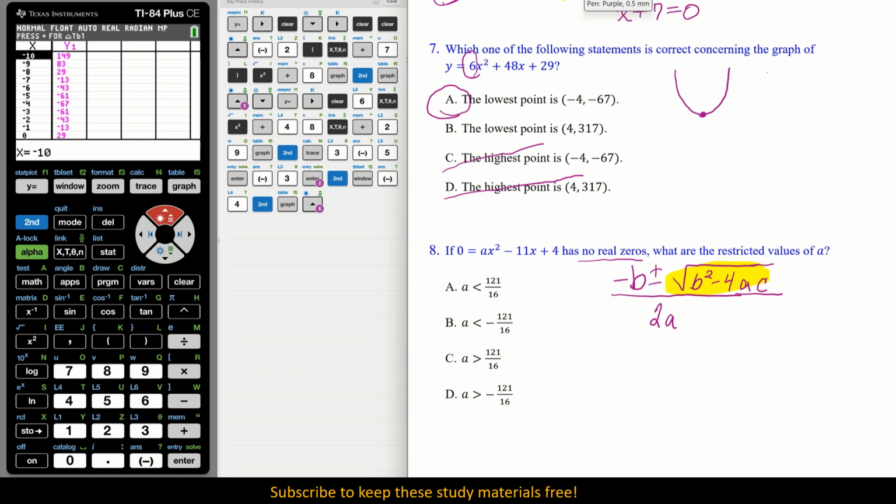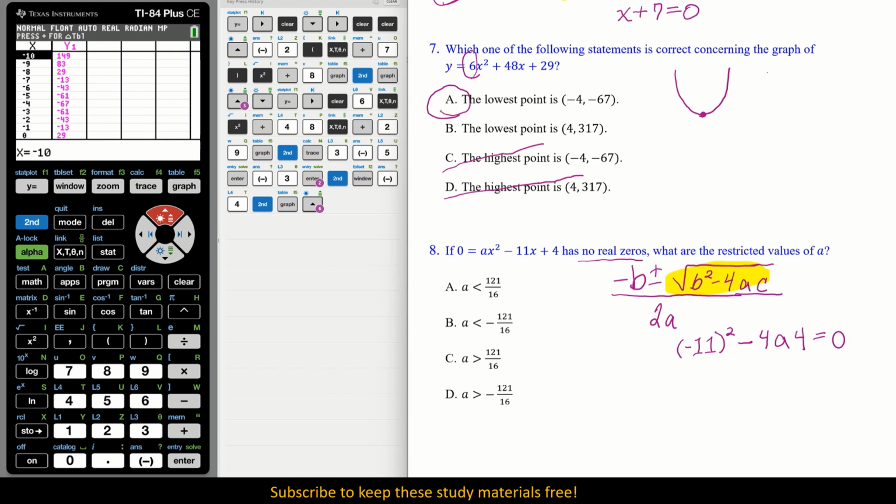So how do we get there? Well, we have a b value of -11, and we're going to square that. Then we have -4a, and our c is +4. Let's set all of that equal to 0.